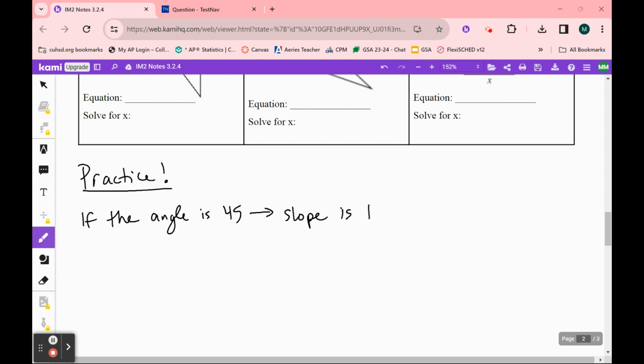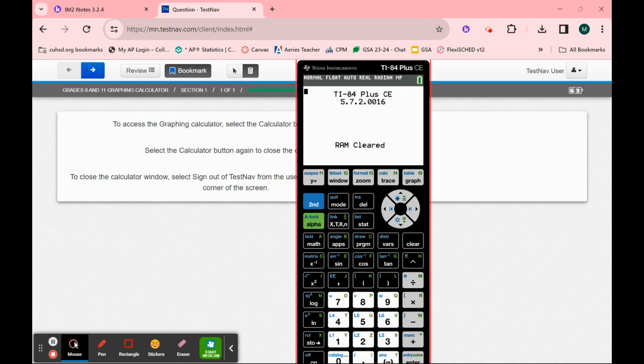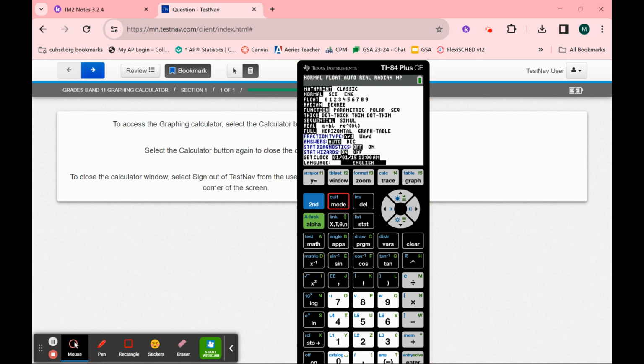We're going to make our calculator tell that. To make our calculator tell us this, with your calculator, you're going to first make sure your calculator is in a mode called degree.